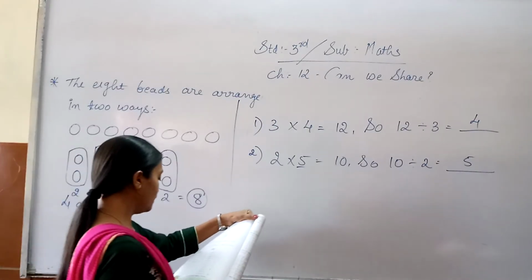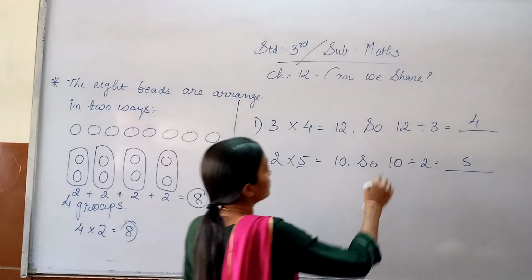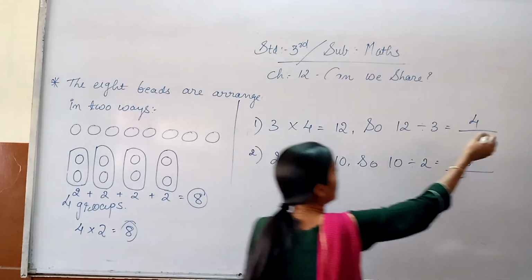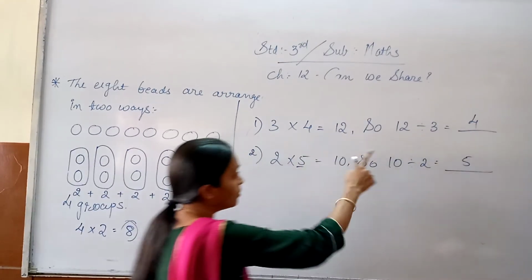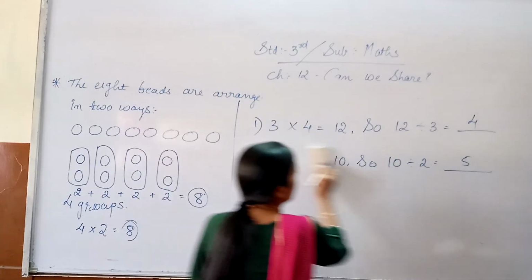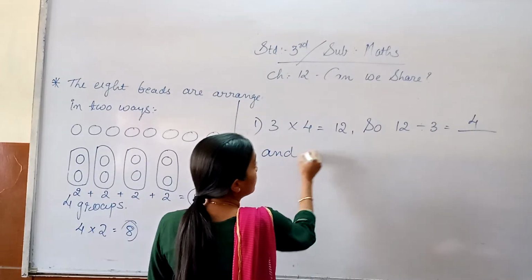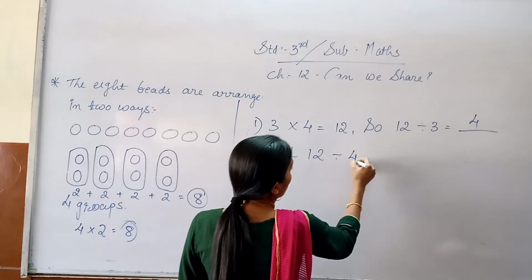Next is given. After this it is written; you will not see it there, I am writing it here. 12 divided by 4.